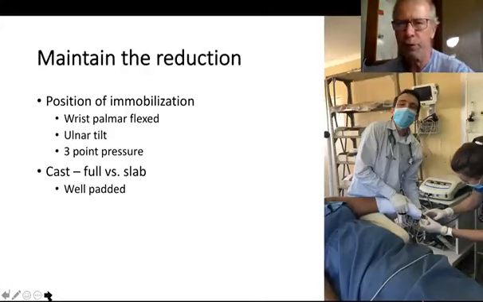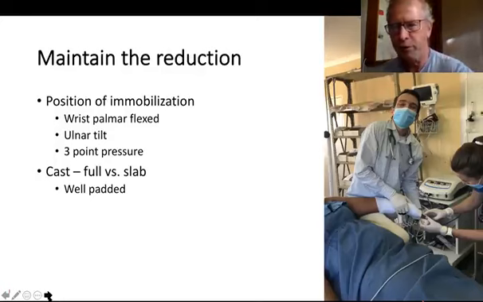But whatever you put on, it needs to be well padded. See, it's the 3-point pressure that's going to hold your reduction, as opposed to the amount of padding that you've got on. So if you're good at applying 3-point pressure, then you can hold the reduction if the fracture is conducive to it. Okay, so I hope I've explained myself so that people understand what I'm saying.